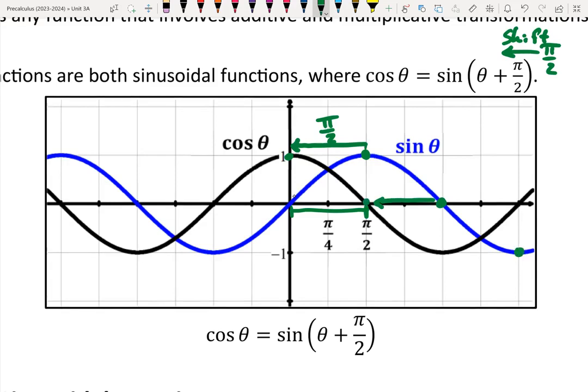We can take the minimum value over here, which would be at 3 pi over 2, and that would shift over that distance of pi over 2 over there. So we see that horizontal shift left pi over 2, and that lands our sine function on top of cosine. So cosine is just a horizontal shift of sine.